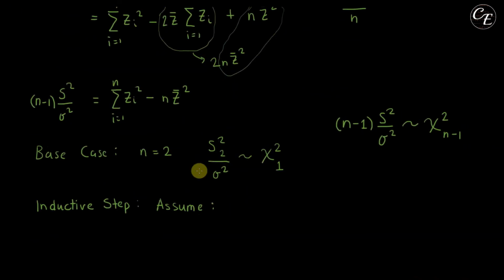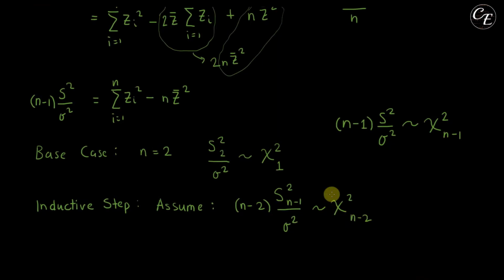So in here, n minus 1 becomes n minus 2. Then we have here the sample variance for the first n minus 1 samples, times n minus 2, over sigma squared, has a chi-square distribution with n minus 1 minus 1, or n minus 2, degrees of freedom.